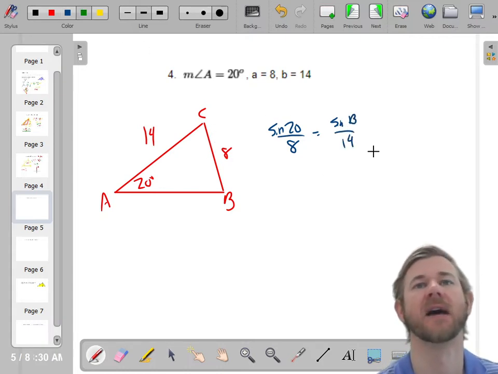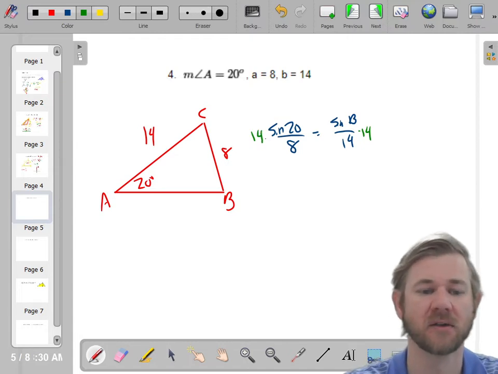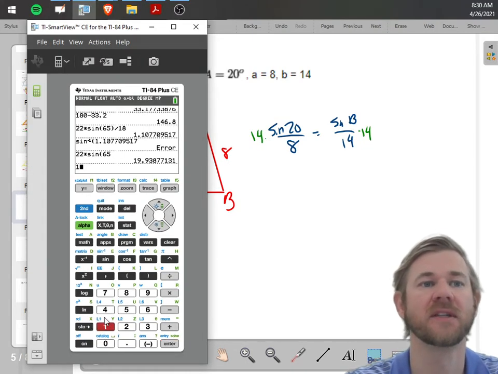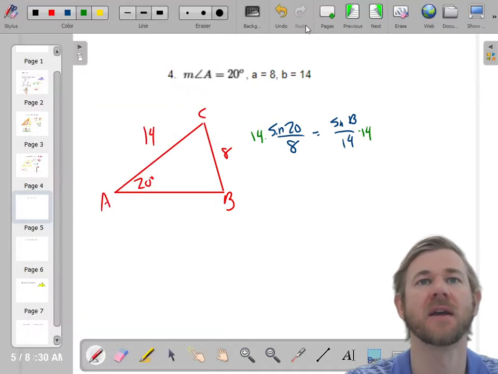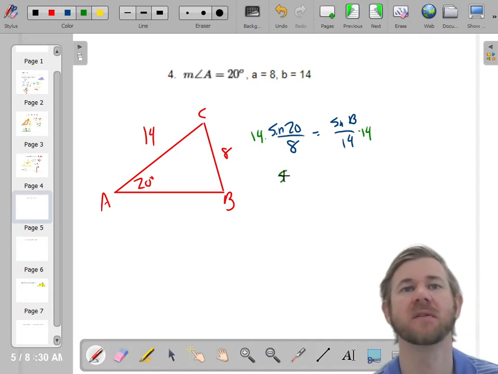To get the sine by itself, we'll multiply both sides by 14. On the calculator, 14 times the sine of 20 divided by 8 is 0.599. So the sine of B is 0.599.